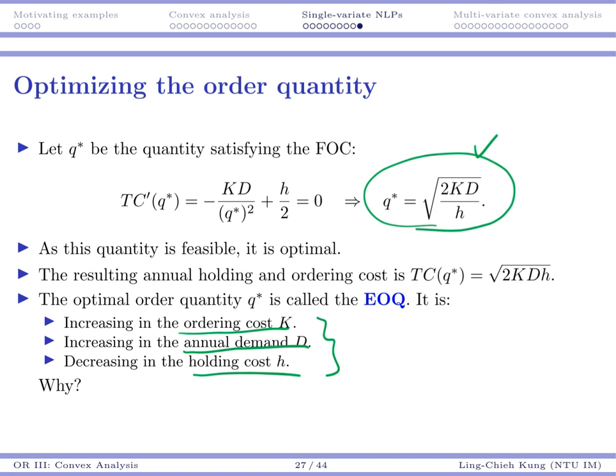So through this example, I hope you see how we apply the second order derivative to check whether a function is convex, how we apply the first order derivative to obtain an optimal analytical solution, and how an analytical solution makes sense to us.